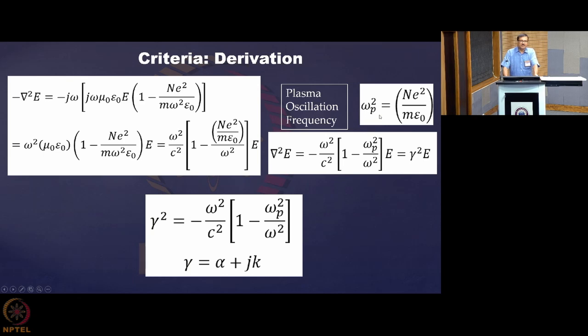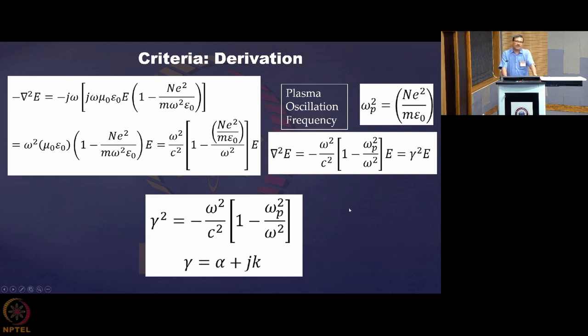Mostly for electrons, it depends on the number density of the plasma that has been created. So if you have created a very high density plasma, n is more, and then omega p also is more.